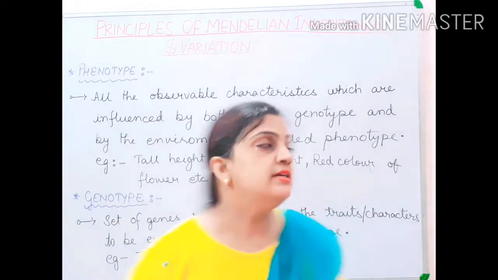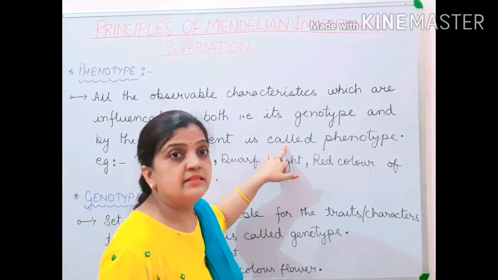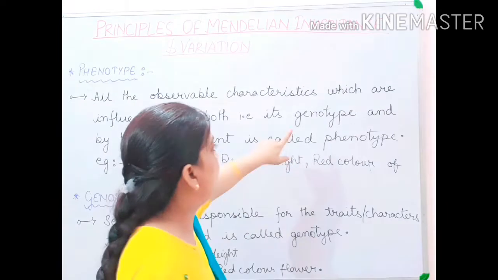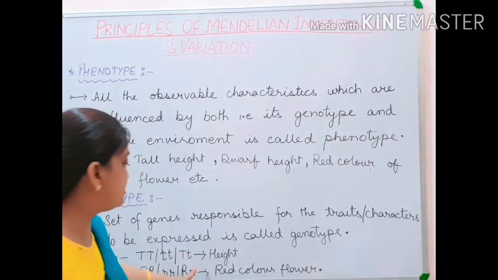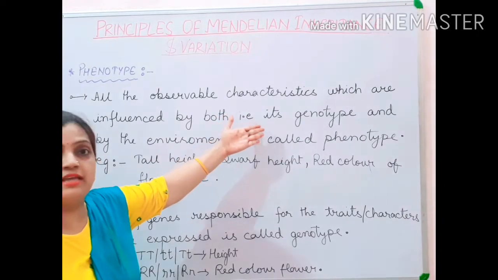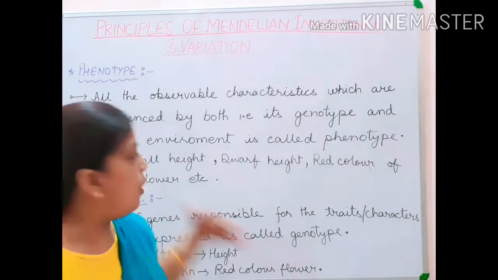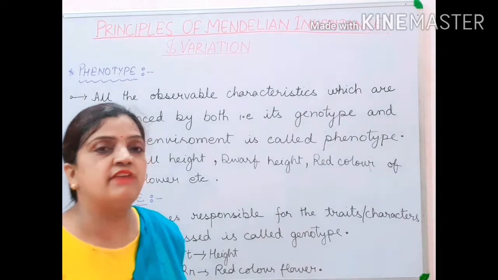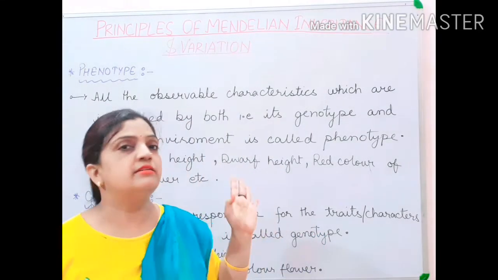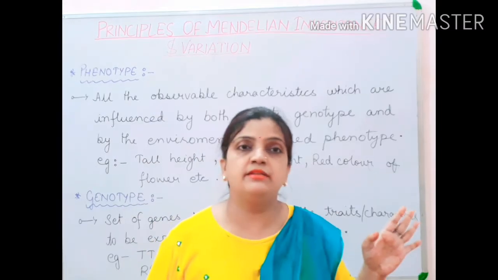Now children, this phenotype can be expressed depending on two conditions: the genotype, that is, which type of genes are present in them, according to which the characters will be expressed, or the environment where they are surviving, that will support them. How the environment supports them is another factor we will study in different chapters.